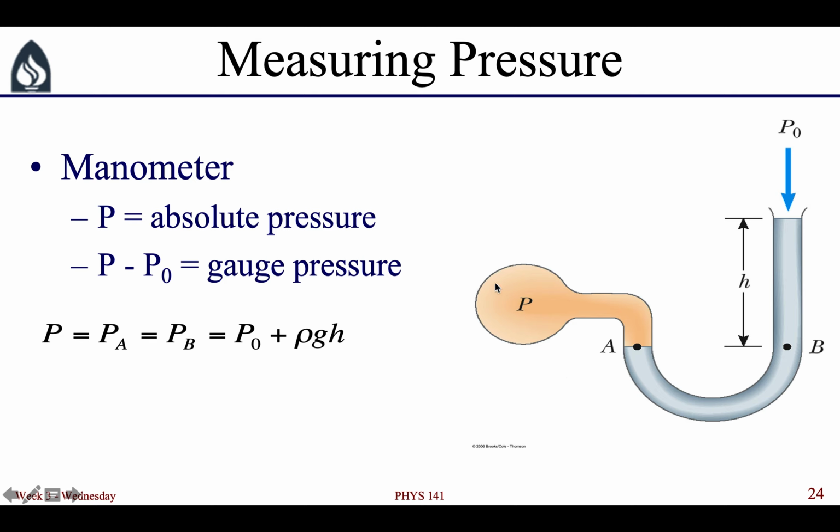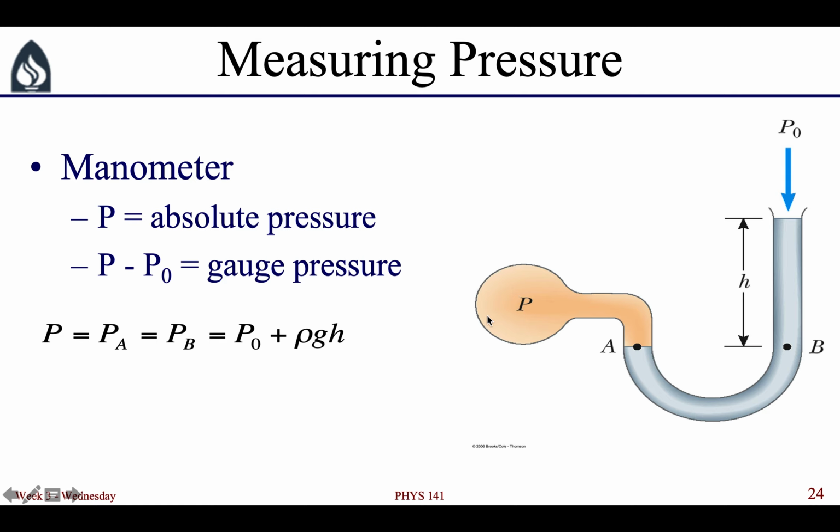So this is a device which you possibly could have seen in something like a chemistry lab. This is known as a manometer. And a manometer is used to measure the pressure of a gas inside an enclosed bulb. So here we have a gas inside our manometer. We want to know its pressure, and we want to know its absolute pressure.